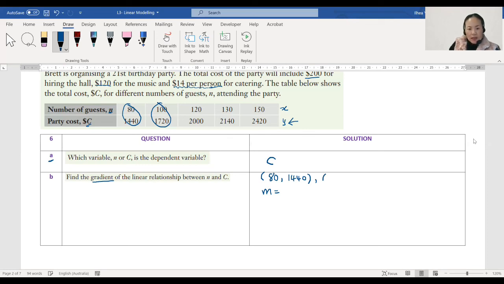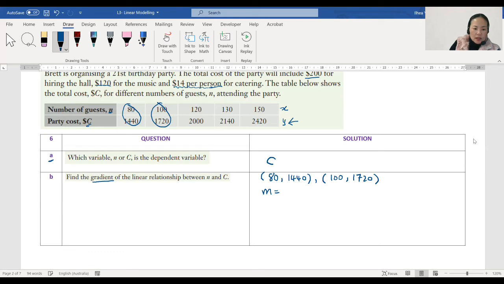And the next one is 100 and 1,720, okay? I picked the first two values, first 2 points, if you like, because they're less number, okay? Because if I go further, I have to deal with 130, 150, and it's like a 2,420. I mean, it's okay, but I just want to use a smaller number. So I picked first 2 because with a gradient, I need 2 points.